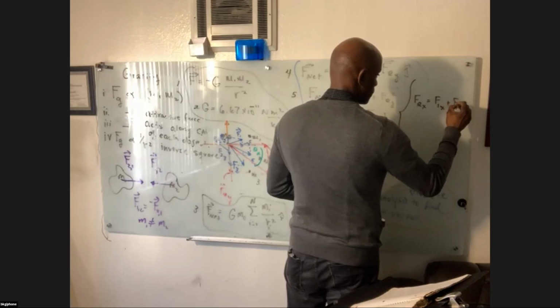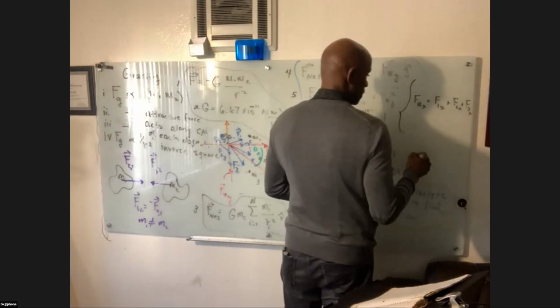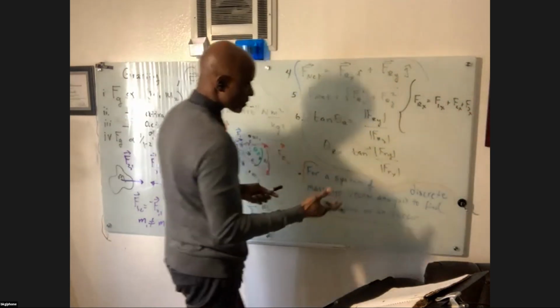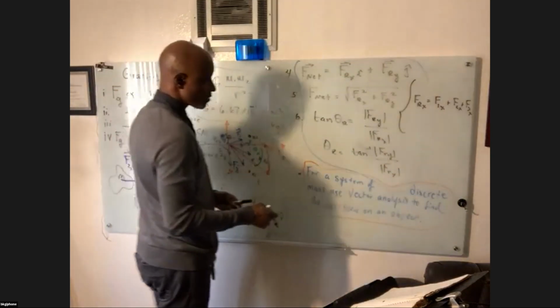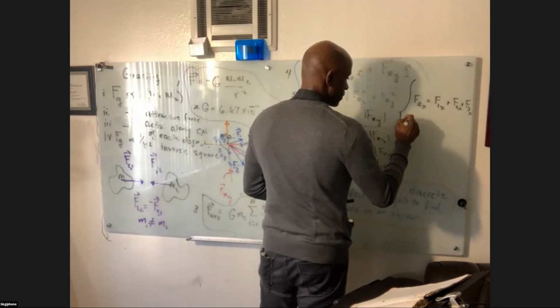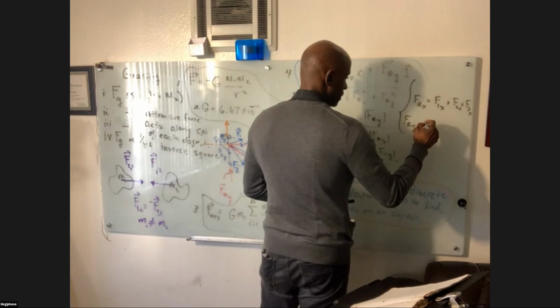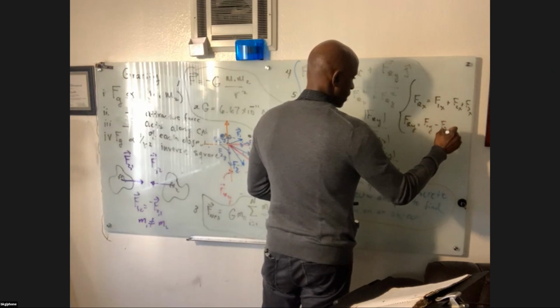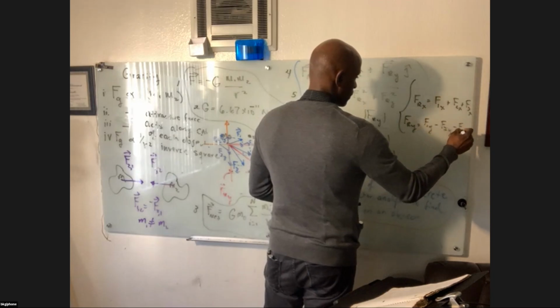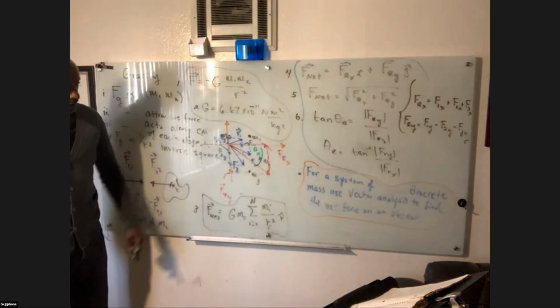F1x equals F1 cosine theta 1, F2x equals F2 cosine theta 2, so on and so forth. And that's just the magnitude. And FRy, in that case, would have been F1y minus F2y minus F3y, because F2y and F3y are pointing in the negative direction.